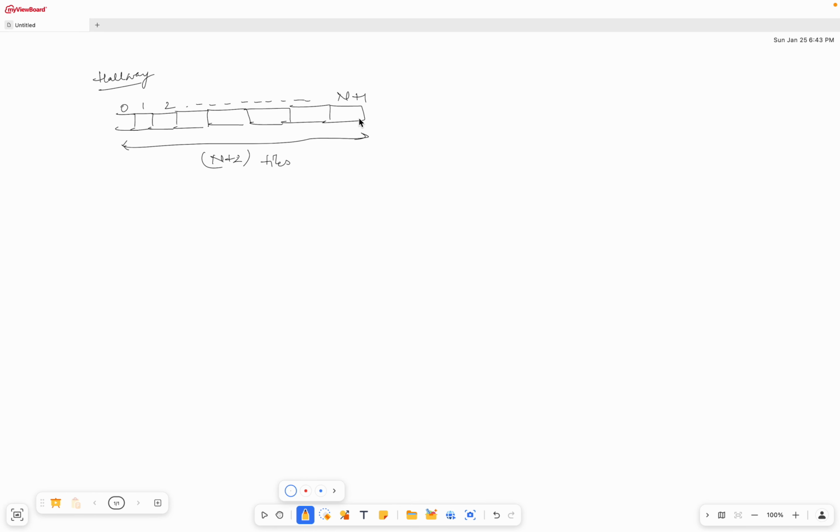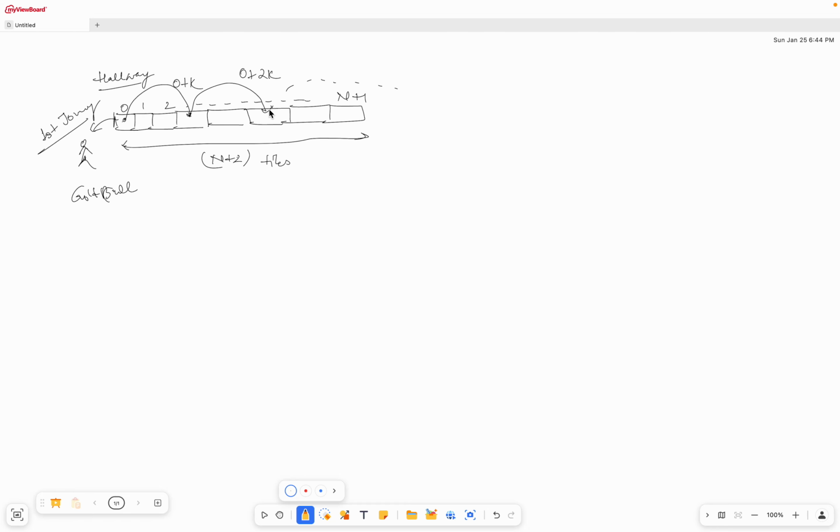Now, in the first journey you are standing on tile number 0, and from here you hit the golf ball. It moves to the 0 plus k tile, and then again it bounces and goes to the 0 plus 2k tile, and so on.